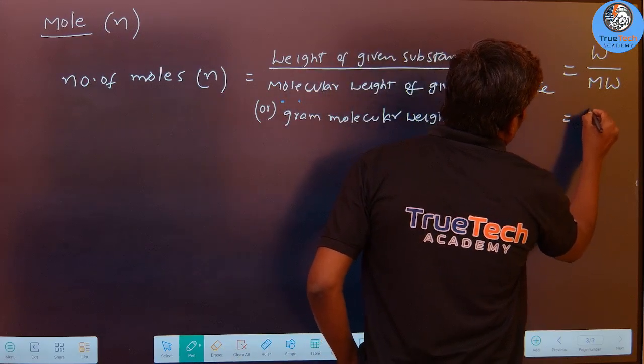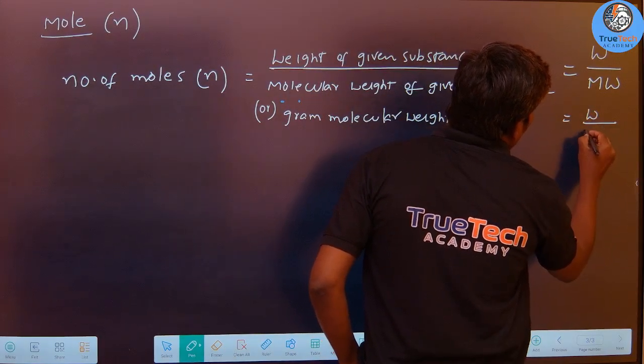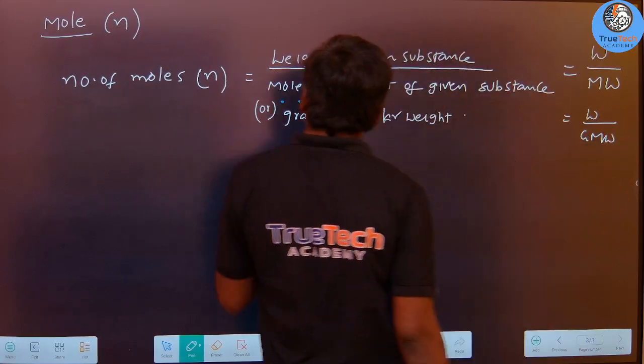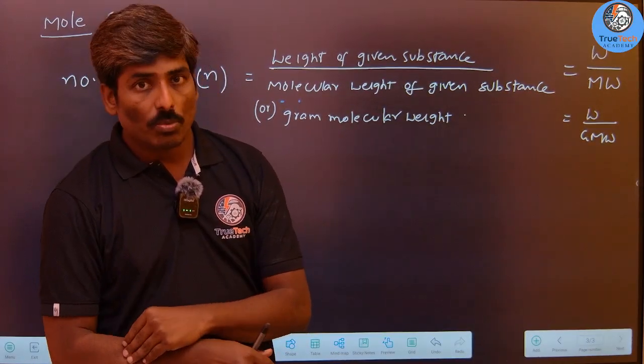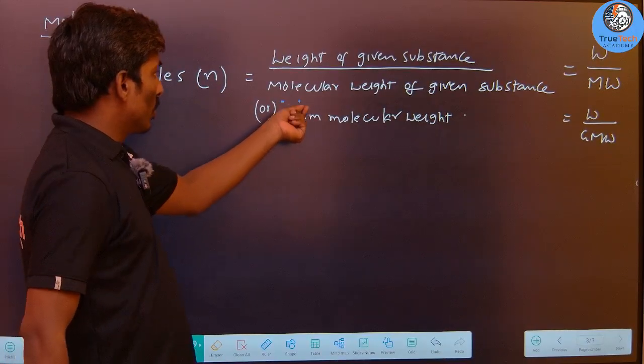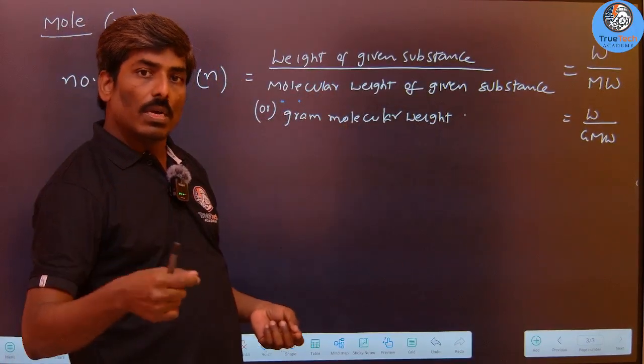So it is represented as W by GMW. Molecular weight and gram molecular weight are both the same only. We will see two examples to calculate gram molecular weight.